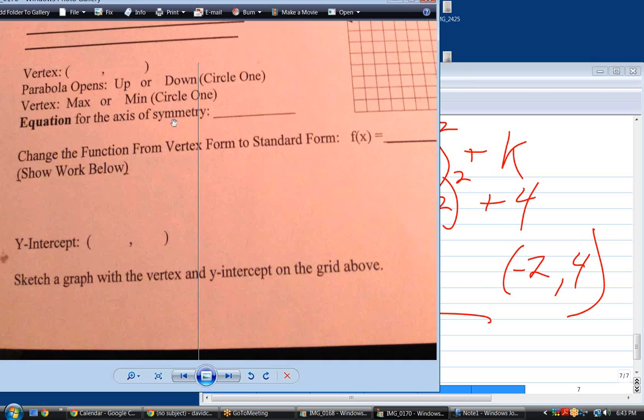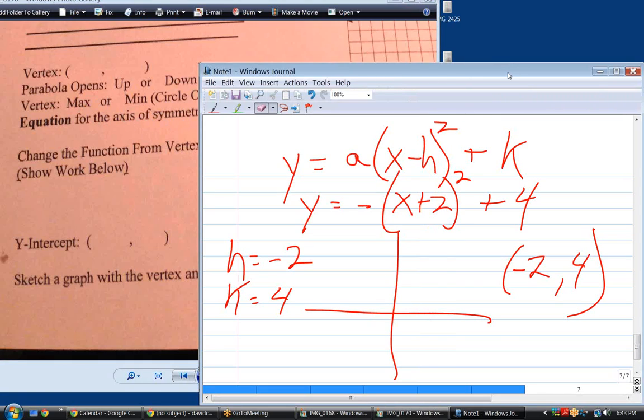Equation for the axis of symmetry. Well, we know where the vertex is. The vertex is at -2, 4. It's right there. We also know that it opens down, and my axis of symmetry runs right through the middle of it as a vertical line. So what is the equation of that line?